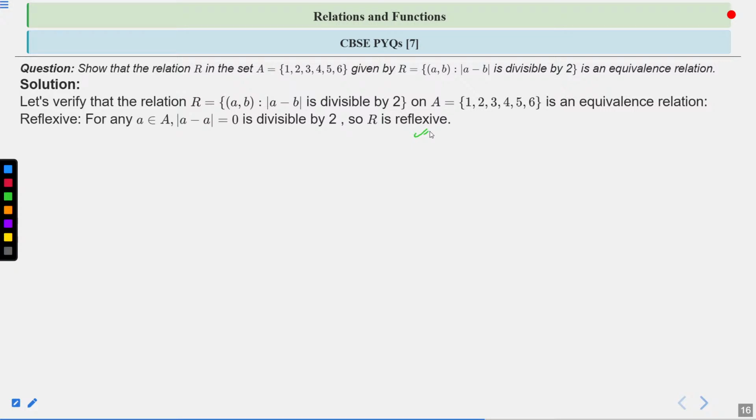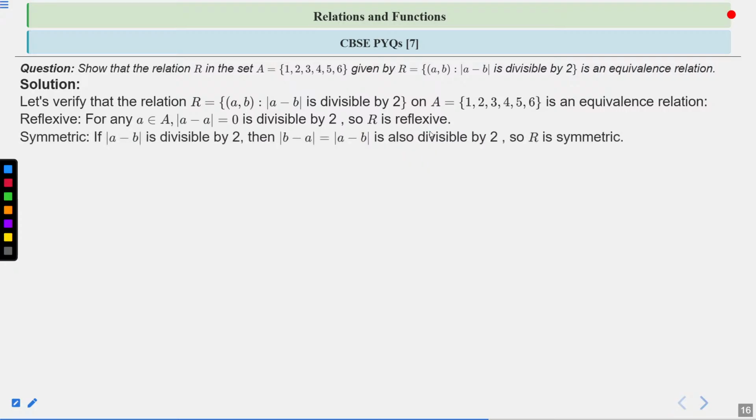Let us check for symmetric. If the absolute value of a minus b is divisible by 2, then we know that the absolute value of b minus a is always equal to the absolute value of a minus b. For example, the absolute value of minus 3 will be equal to 3.